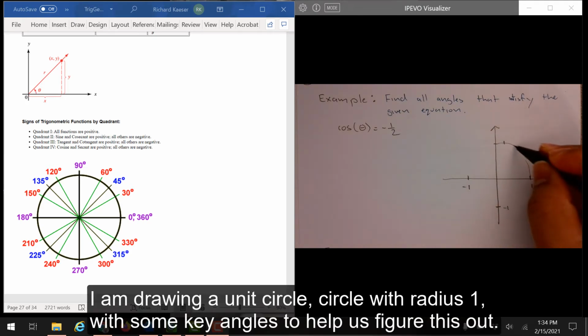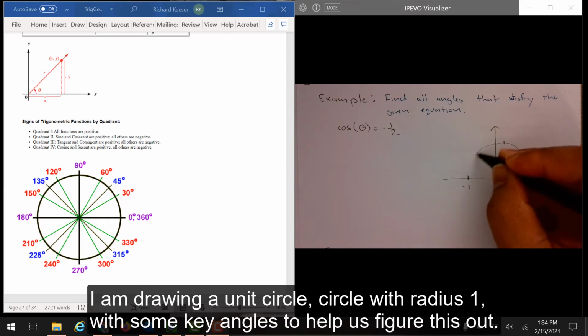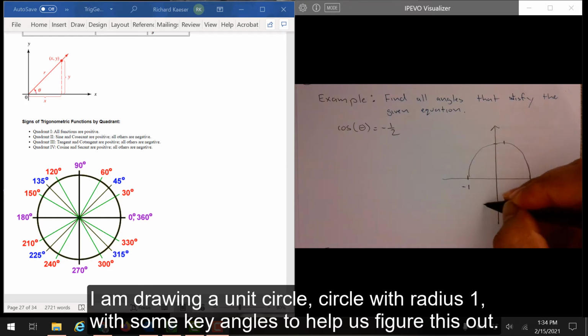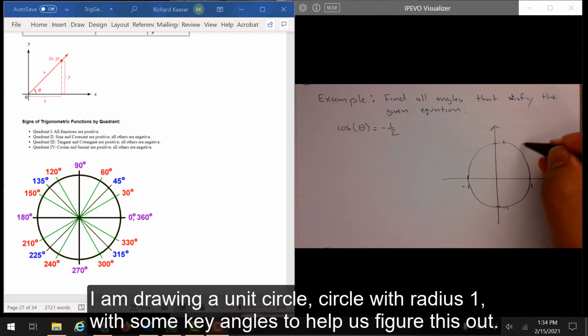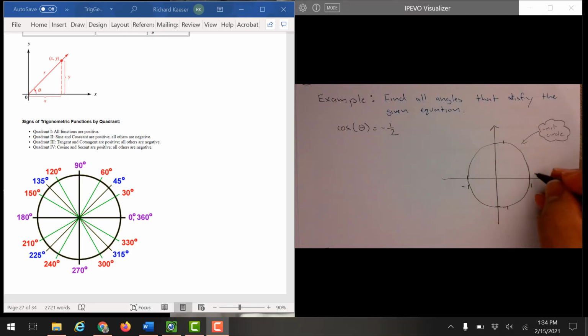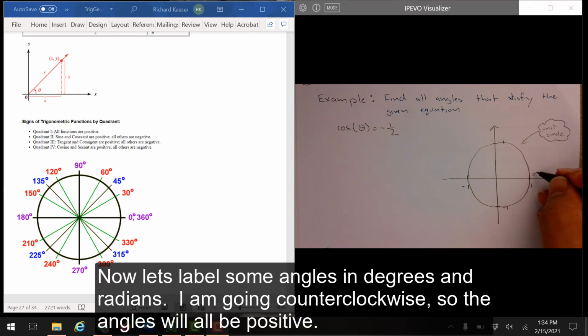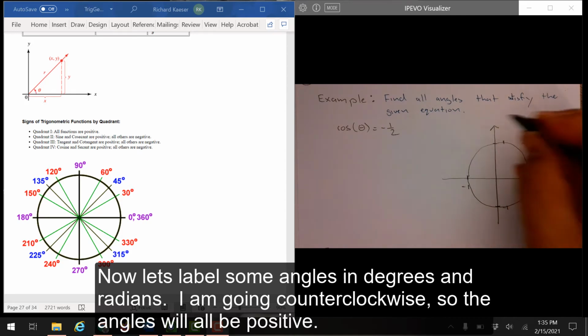I am drawing a unit circle with radius 1, with some key angles to help us figure this out. Now let's label some angles in degrees and radians. I'm going counterclockwise, so the angles will all be positive.